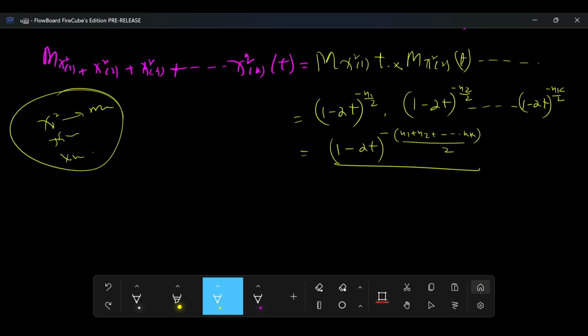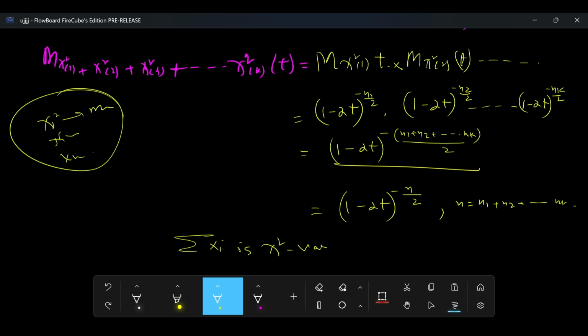Or we can write this as 1 minus 2t to the power minus n by 2, where n is equal to n1 plus n2 up to nk. This means that summation xi is a chi-square variate with summation ni degrees of freedom. Clear?